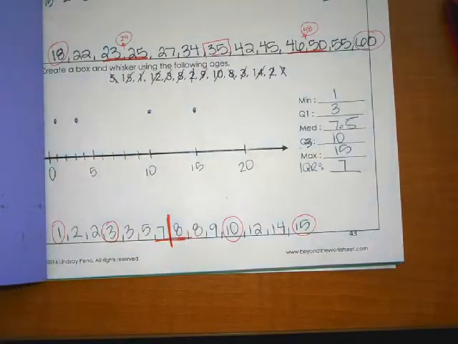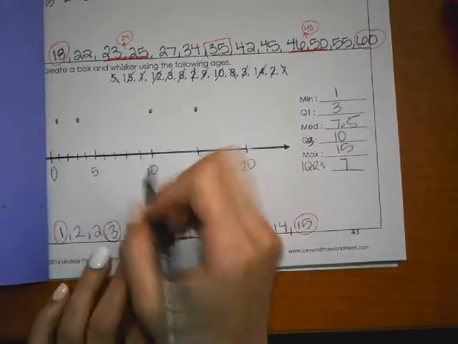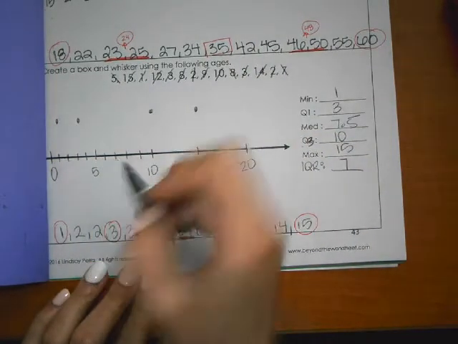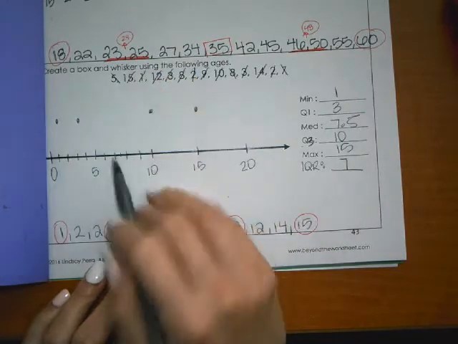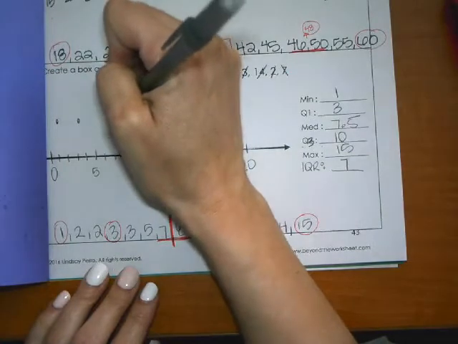Where do I plot the 7.5, you guys? Good. So when you count and you go 5, 6, 7, that's going to be between the 7 and the 8 tally. And then you will put a dot up above.